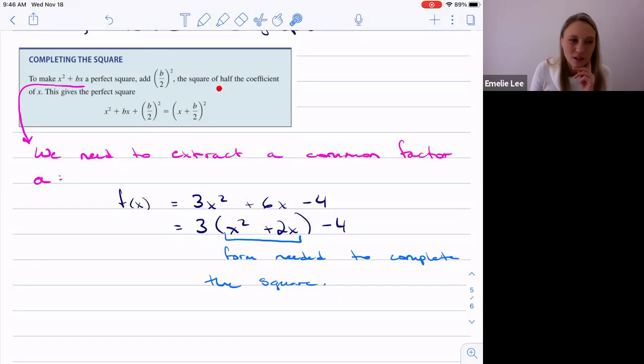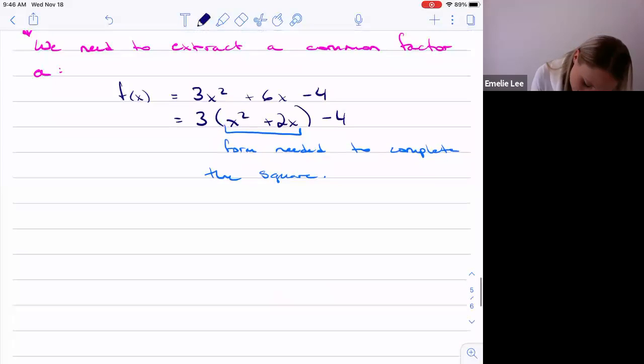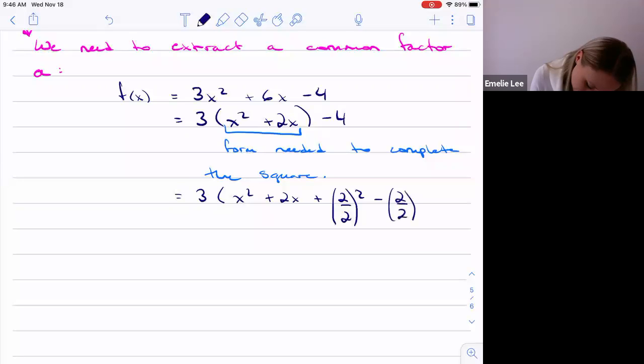So I have this part, x squared plus bx, and then I'm adding b over 2 squared. If I'm adding it, I also have to subtract it, because I can only add 0. So here's what that looks like. We have 3 times x squared plus 2x plus 2 over 2 squared minus 2 over 2 squared.